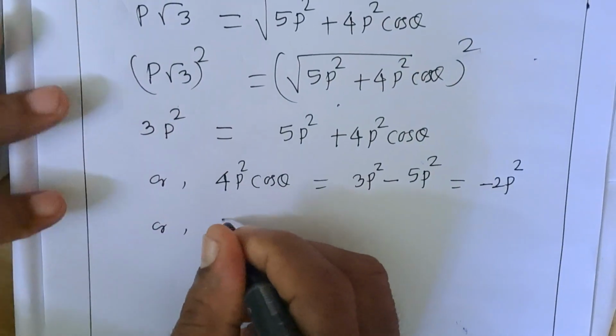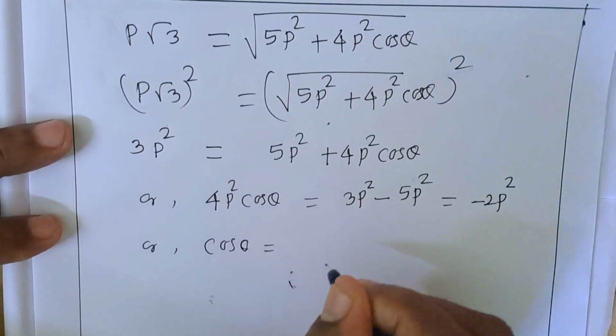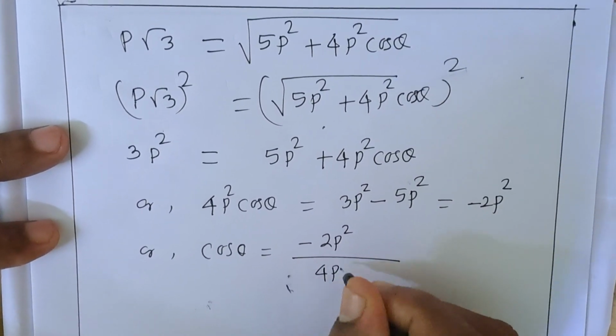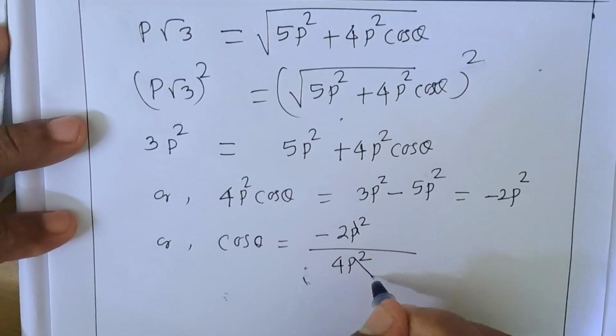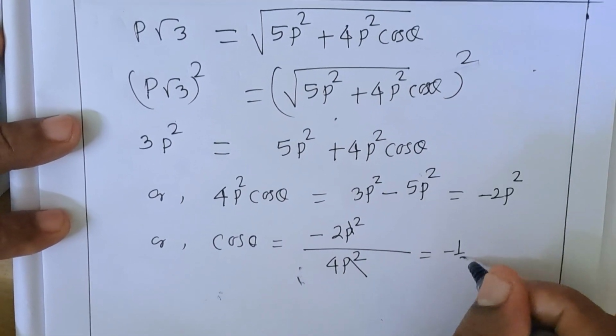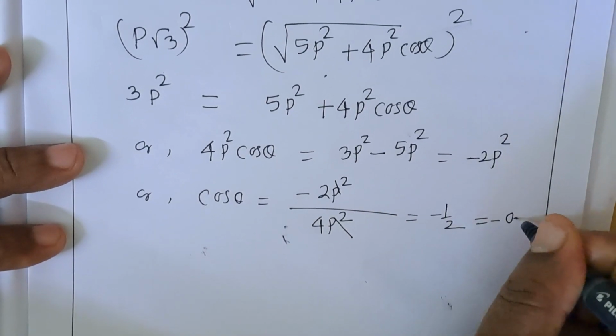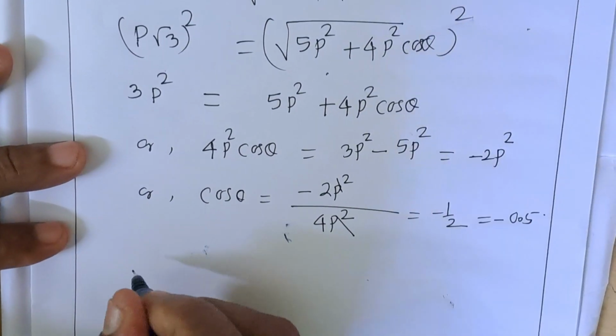Or cos theta is equal to minus 2P square divided by 4P square. P square cancels, so it is equal to minus half, which is minus 0.5.